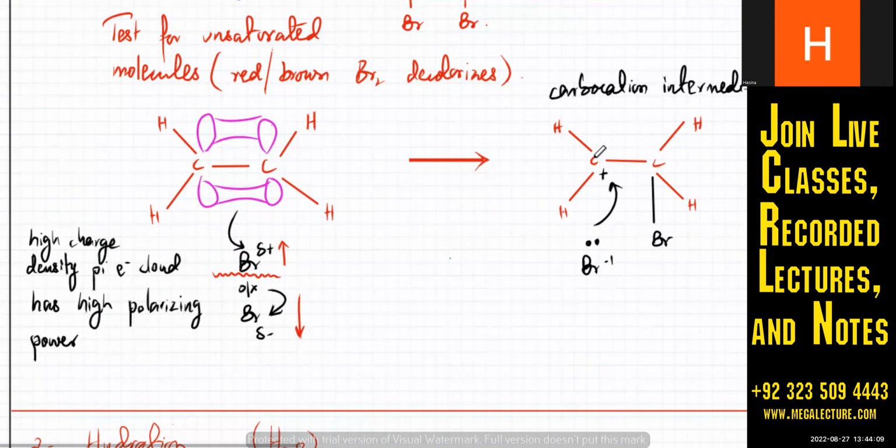Next step is this carbon became electron deficient, because this bromine over here pulled the electron cloud away from this carbon atom. It stole all the electrons and attracted all the electrons towards itself. So the other carbon became electron deficient, and then the Br minus, which was pushed away, would get attracted to it, and it will join with it, right? Is that clear?